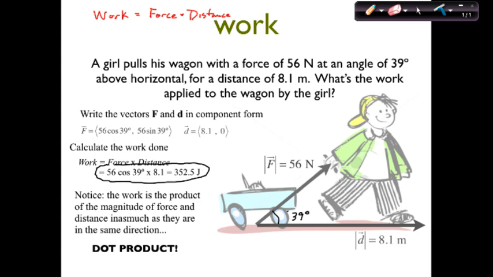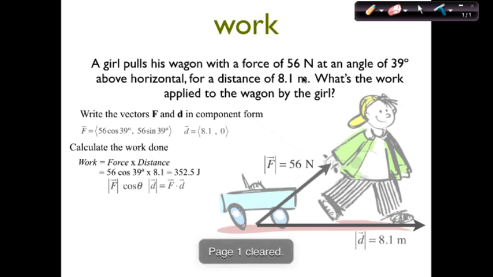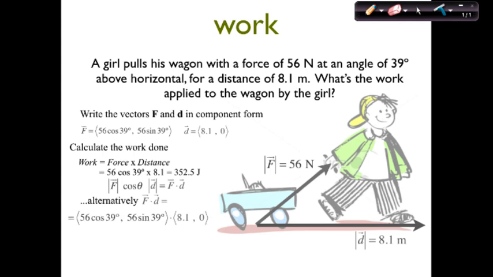So because of that, we could do it the other way too. The magnitude of F, cosine theta, times the magnitude of d is F dot d. And because it's the dot product, we could calculate it the other way too, like you did in the worksheet, where you multiply like components and then add.